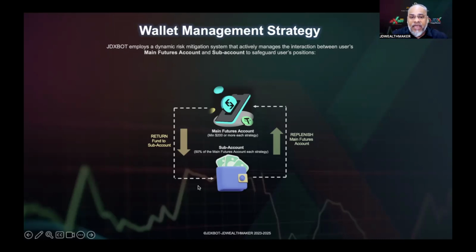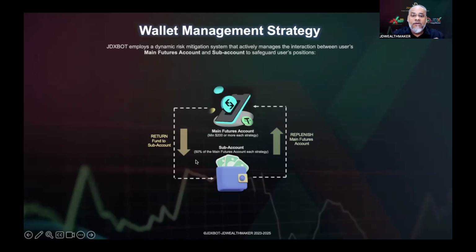Okay, now for the main futures account, please understand that the minimum funding for each main account will be $200. So that means that whatever asset or strategy you purchase, if you purchase USDT, then it is $200. If you purchase Bitcoin, 200. So the minimum is 200 for each strategy. Now, please also understand you need to have a sub account.